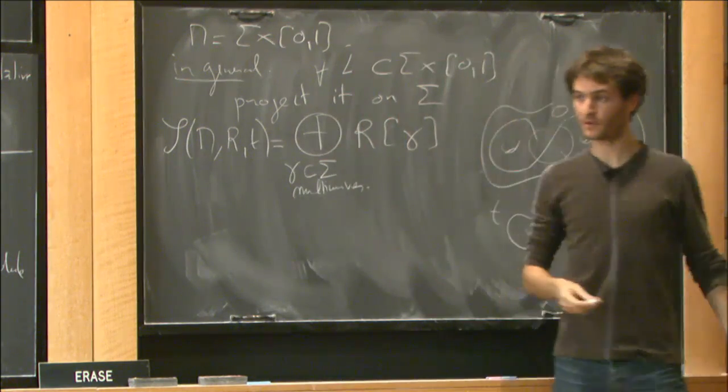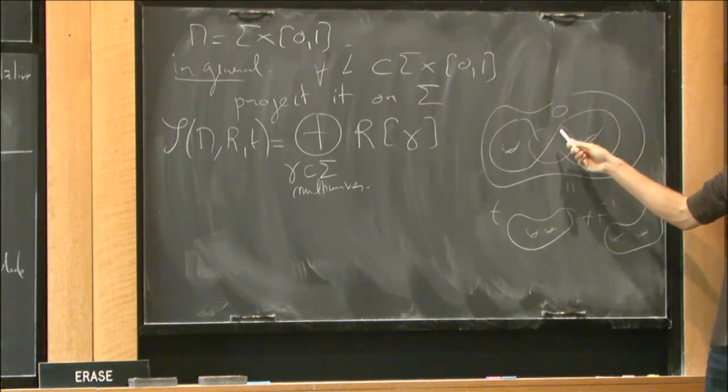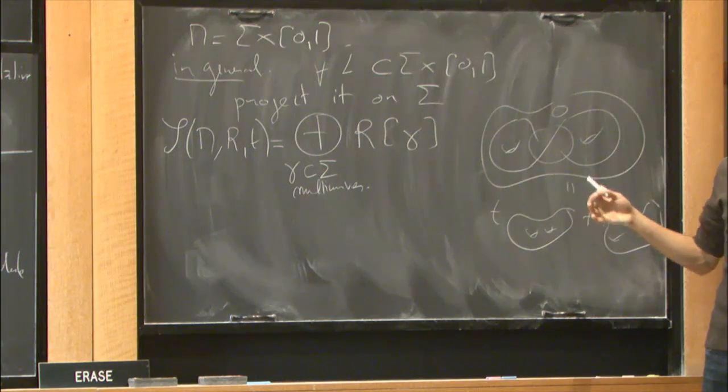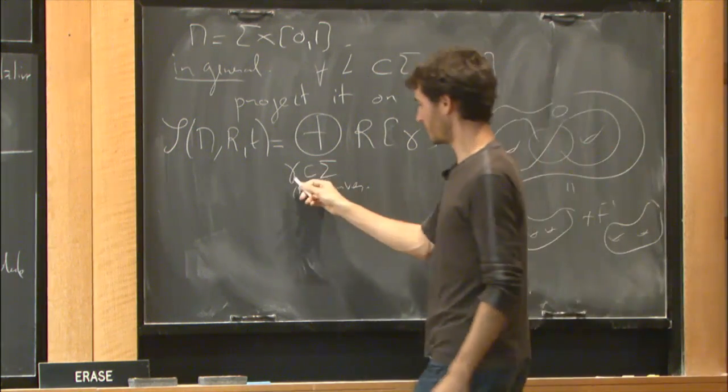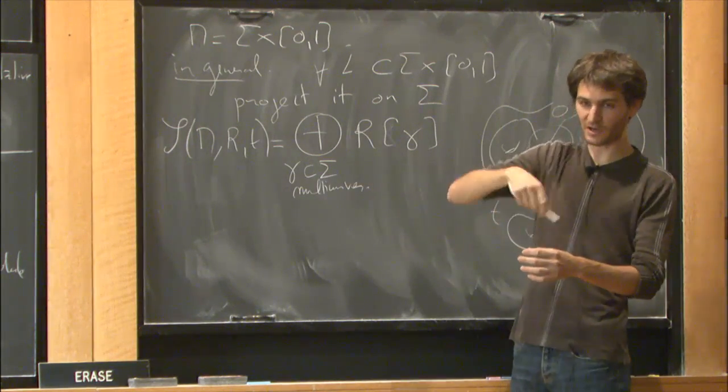So it's free just because you can decompose it by resolving the crossings, along the bases, which are curves which have no crossing at all, which I call multicurves. A multicurve is just an embedded submanifold gamma inside sigma, with no component bounding a disk.